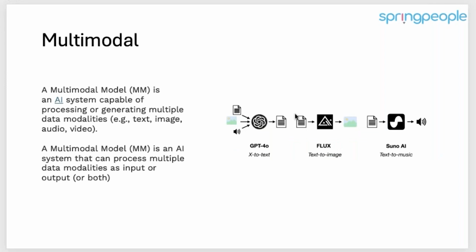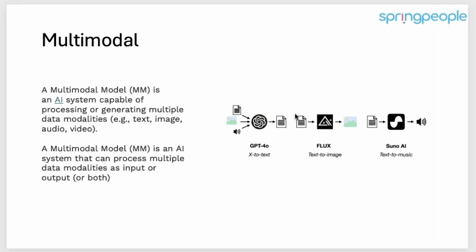Okay, so multimodal, now we have seen that I'm able to collocate the different types of data together, in such a way that there is a relationship between the different data structures.